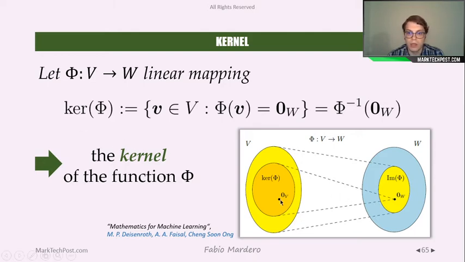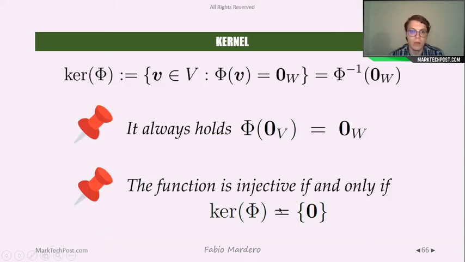The kernel is this cluster of vectors that go through this linear mapping to the zero element of W. Of course, it always holds that the zero in V is an element in the kernel of phi. In fact, phi of zero is still equal to 0 because it's a linear map.